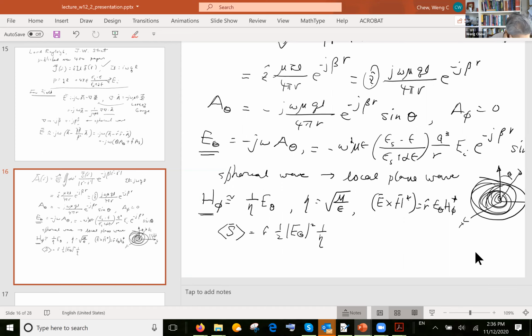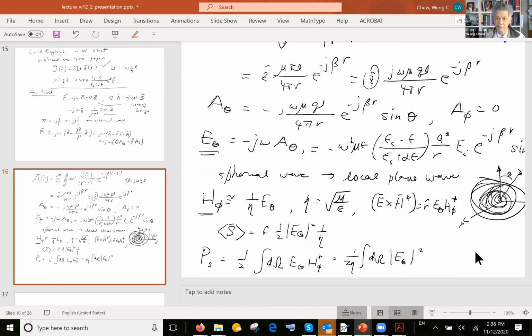You plug this in, you will get that to be your time average power flowing in the radial direction, and then you can find the total power scattered by integrating this over the entire angle, E theta H phi star, and then it will be 1/2 eta, the entire integration of this E theta squared. Okay, so that's how you find the total power scattered by this small spherical particle.